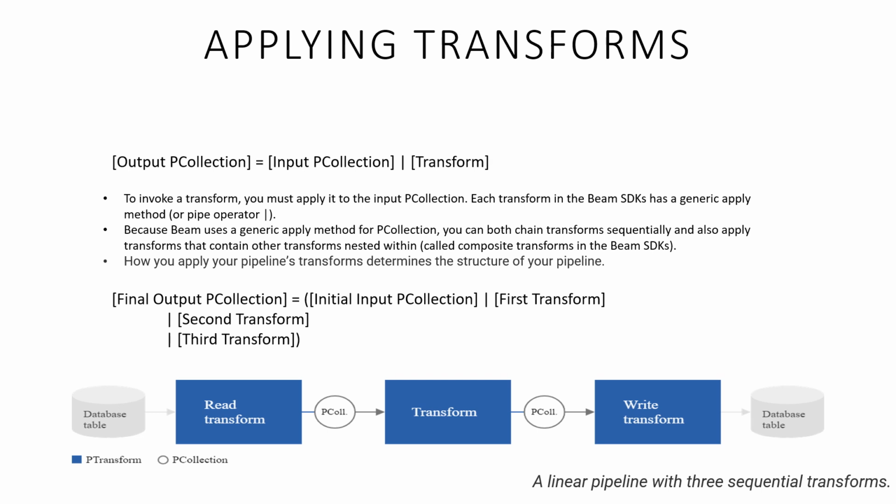How you apply your pipeline's transforms determines the structure of your pipeline. Now here we have an example of what applying 3 transformations to the same PCollection would look like with both the code and a graphic representation. But note that a transform does not consume or otherwise alter the input collection. Remember that it's immutable.